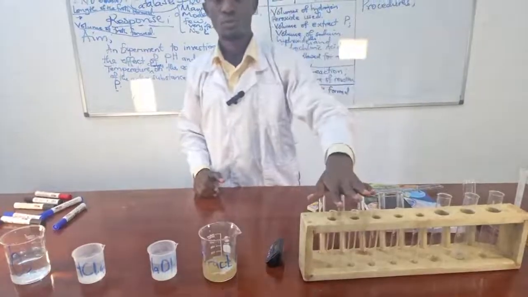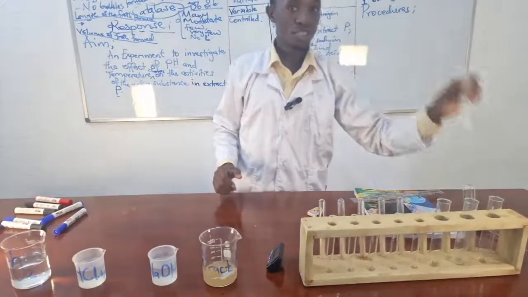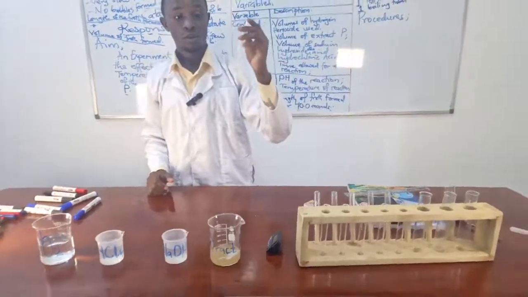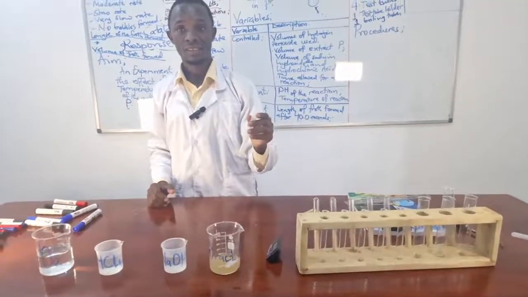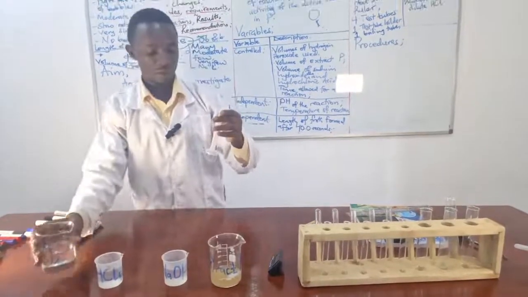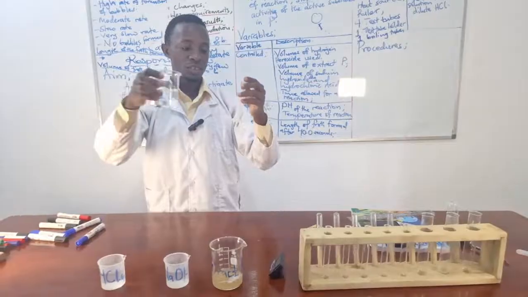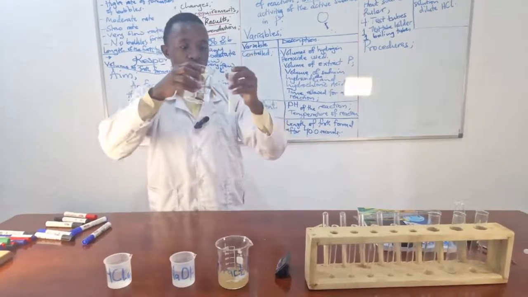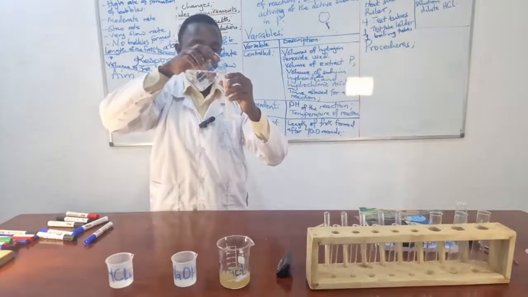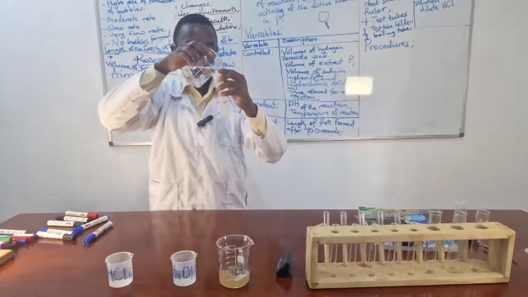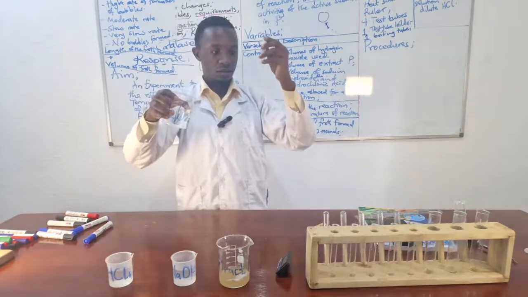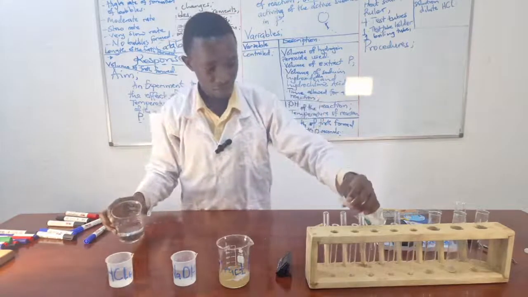I'm now going to prepare the 3 test tubes, putting equal volumes of hydrogen peroxide. This is my hydrogen peroxide. I'm going to use 2 cubic centimeters. Let me use 2 cubic centimeters.